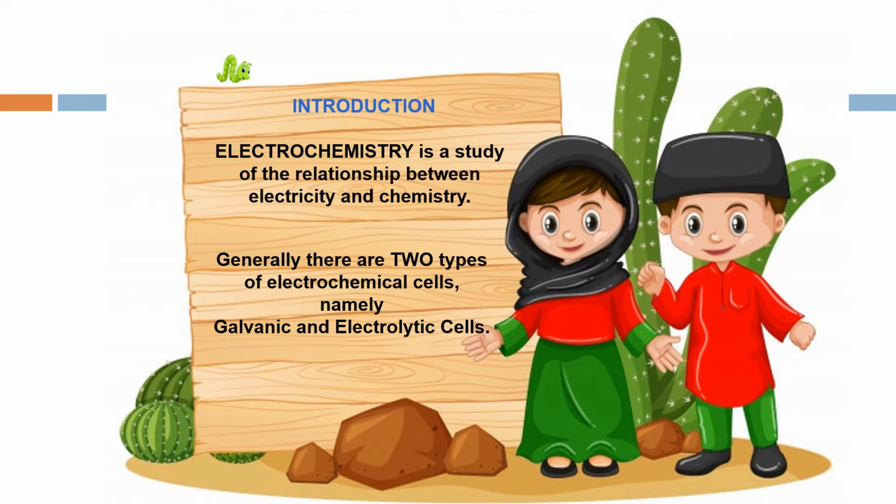Introduction. Electrochemistry is a study of the relationship between electricity and chemistry. Generally, there are two types of electrochemical cells, namely galvanic and electrolytic cells.